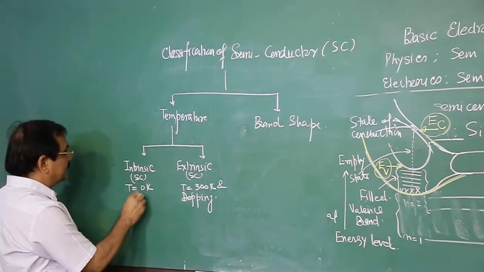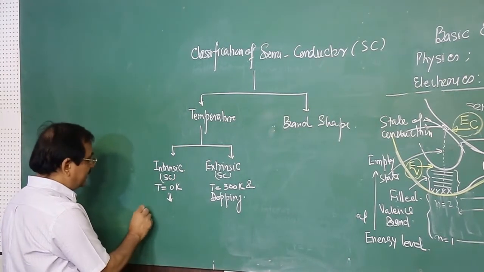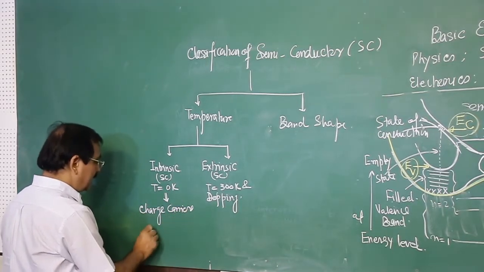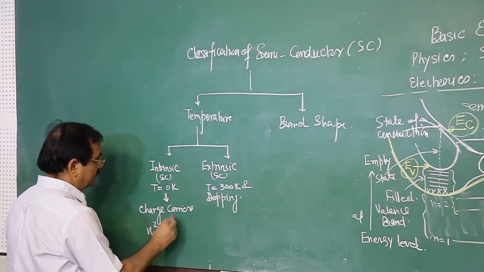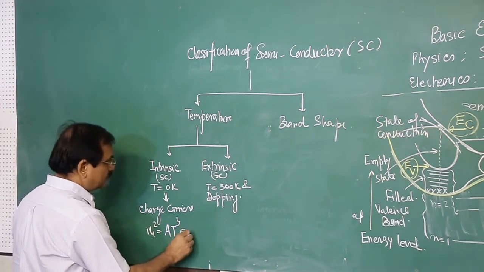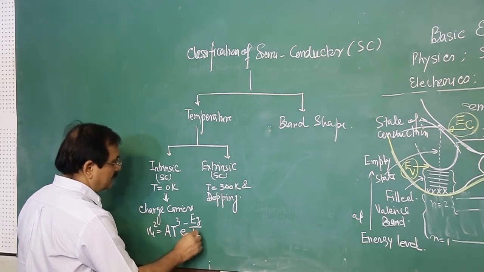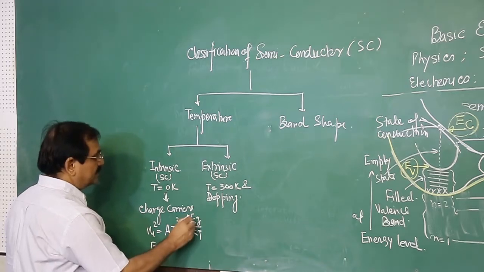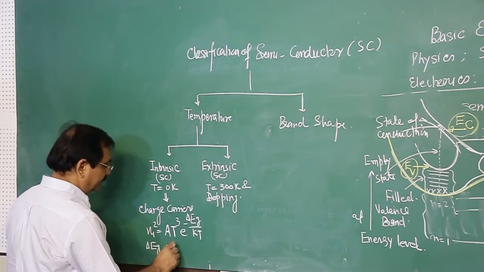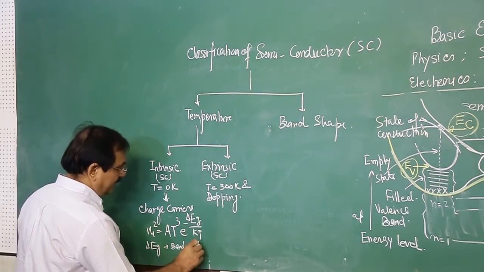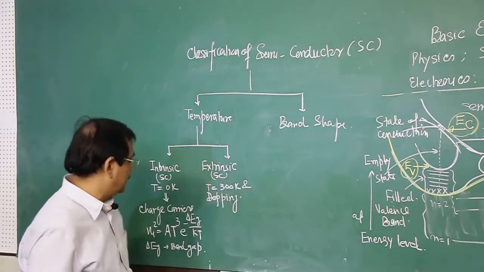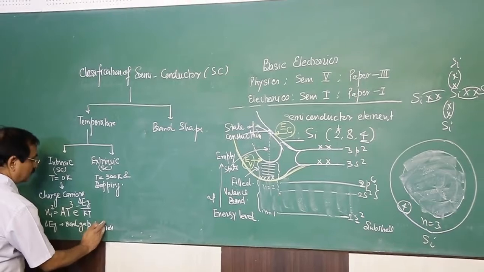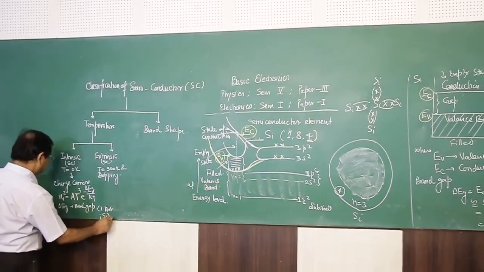In the intrinsic semiconductor, the charge carriers follow Ni square is equal to A T cubed e raised to the power minus E g upon k T, where E g is the band gap, as we have discussed, 1.1 electron volt or 1.2 electron volt in SI.